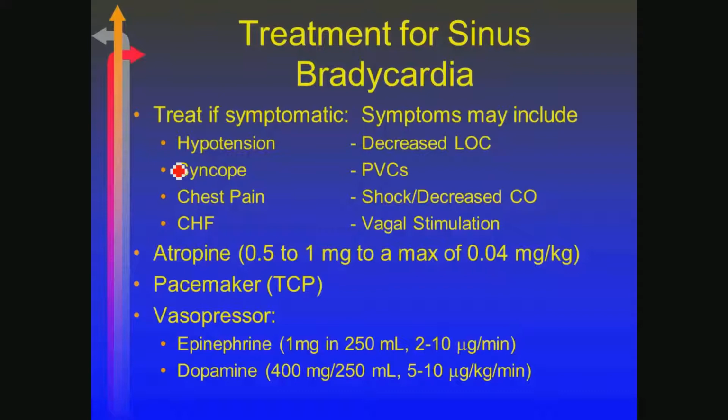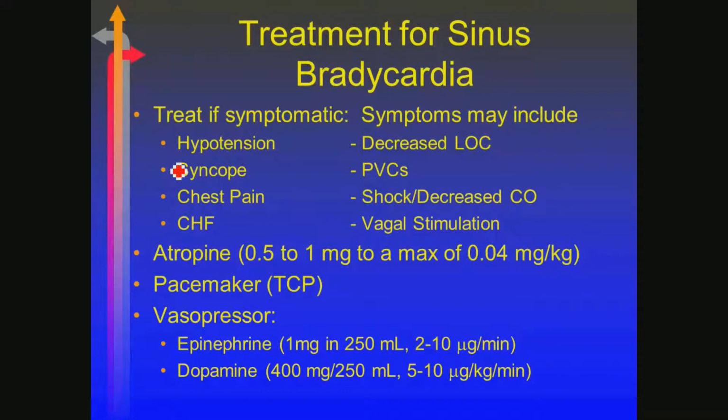If the bradycardia is not resolved from the atropine, our next step is to look at either pacing the patient or using a vasopressor to speed up the heart rate. Epinephrine, running at 2 to 10 mics per minute, or dopamine, running at 5 to 10 mics per kilo per minute.